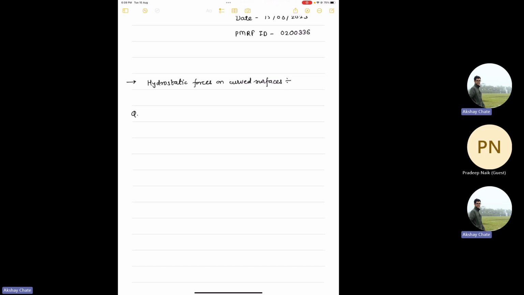We have a semicircular type of gate, and it has some spokes like this, and the dimensions are given in the question.